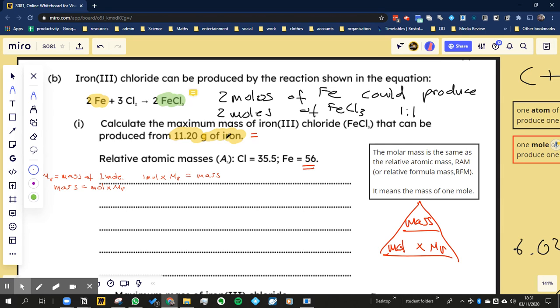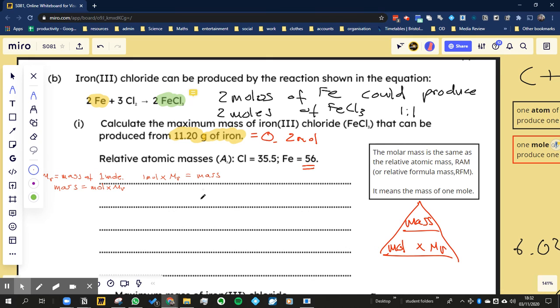We're just asking the question, how many moles of iron do I have? So the number of moles is going to be 11.2 divided by 56, and that would give us 0.2 moles.